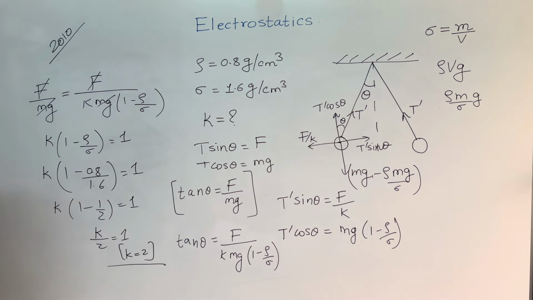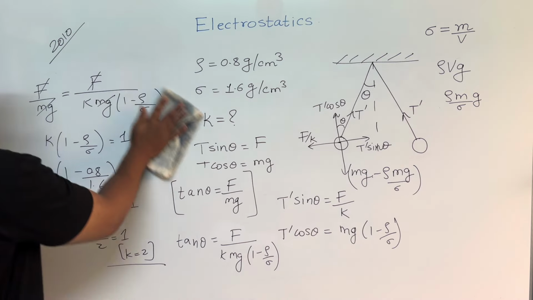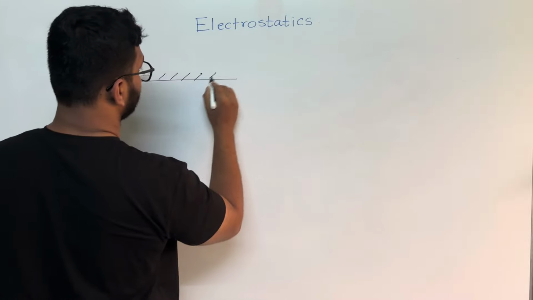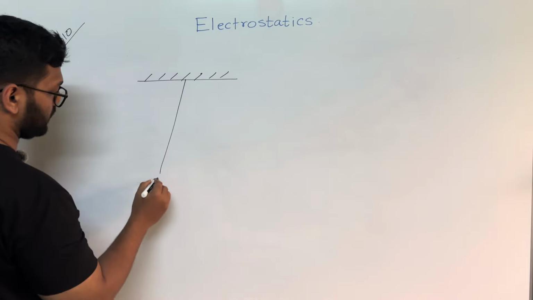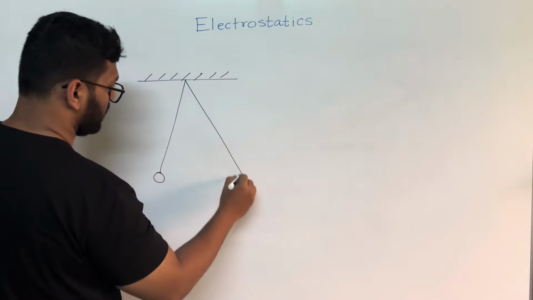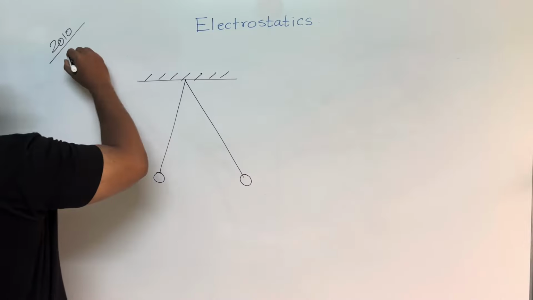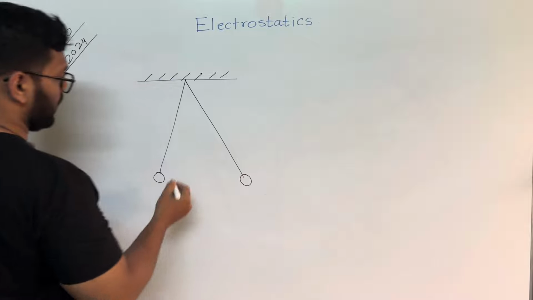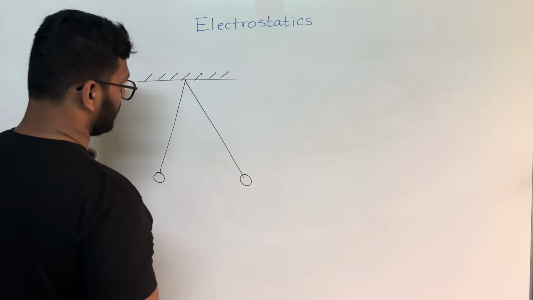Okay, let's look at the next question, which is similar to this. Here we have been given two charged spheres, right? This was asked in JEE 2024 mains. They are being given two identically charged spheres.